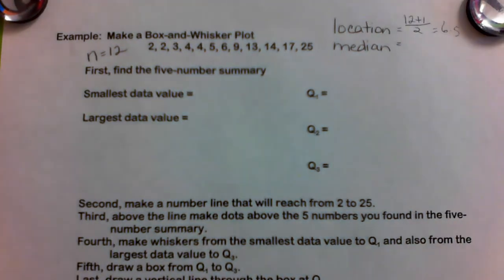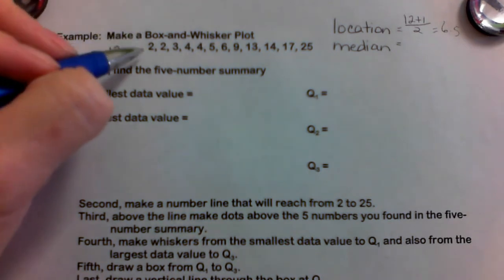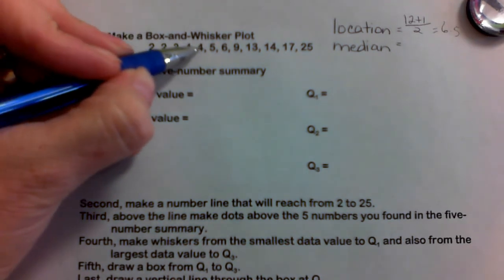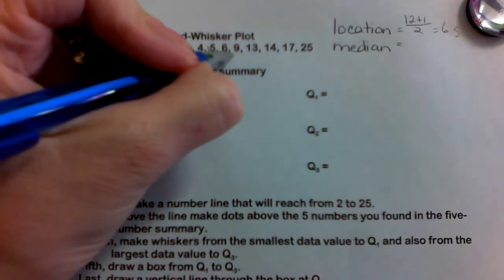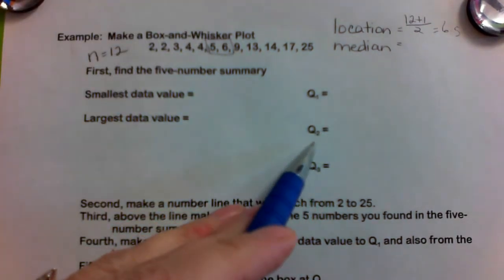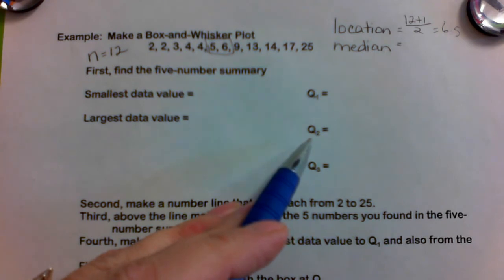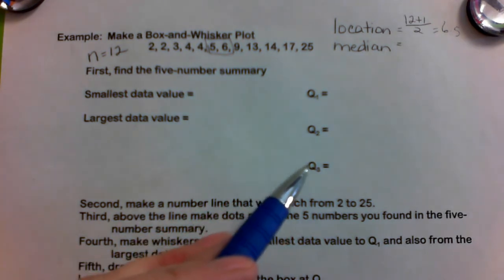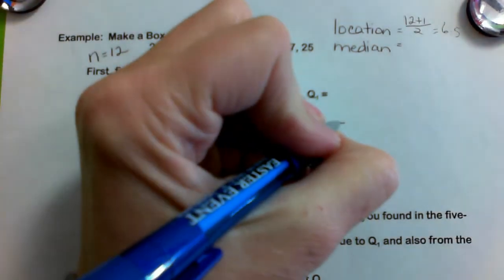So the location would be 12 plus 1 divided by 2, which is 6.5. So that tells me the median is between the 6th and the 7th. So quartile 2 is between these two numbers. To find quartile 2, I would take 5 plus 6 divided by 2, and that gives me 5.5.